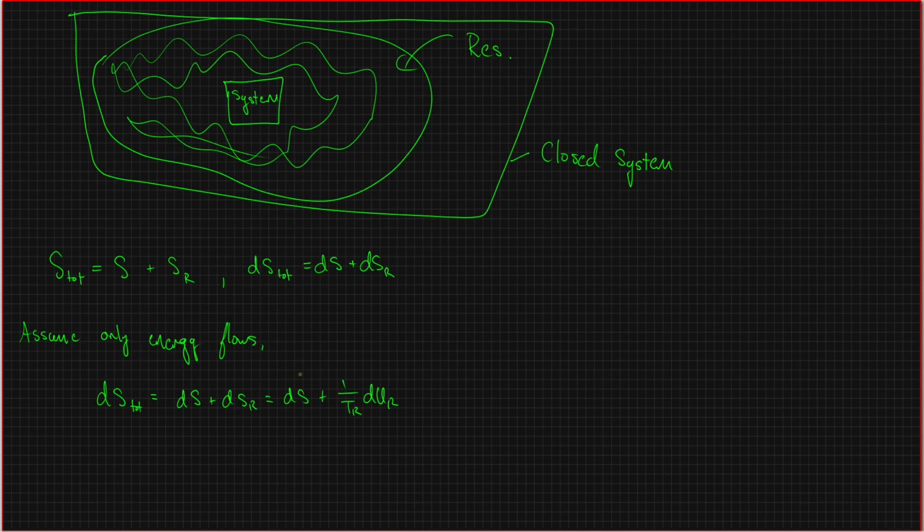So in going from here to here, we're just using the thermodynamic relation for the reservoir. Do I have that written? Yeah, I do. dS equals 1 over T dU plus P over T dV minus mu over T dN. So yeah, Jacob, you got a question?